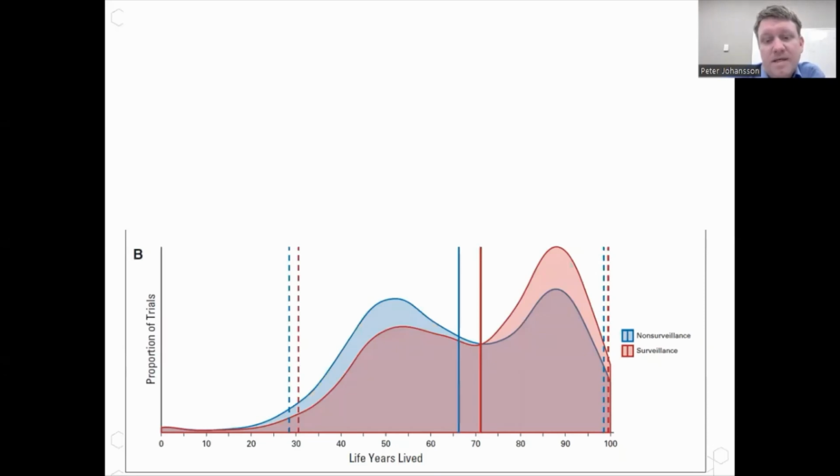And as you can see, at the early peak, at around 50 years old, the blue curve is substantially higher than the red curve, meaning that the non-surveilled group have more people dying prematurely. And on average, the surveilled group become 4.9 years older in these simulations.